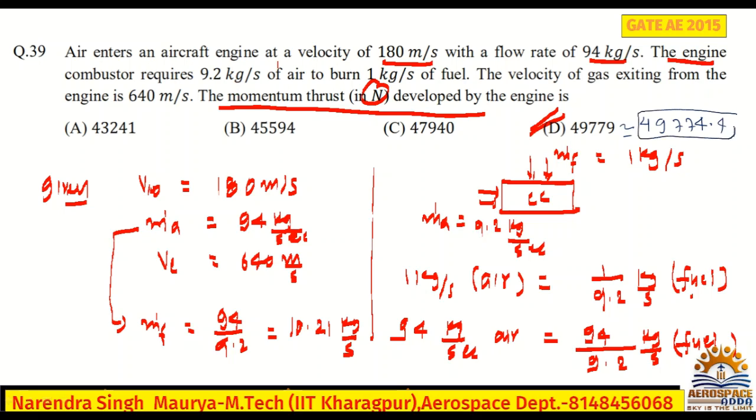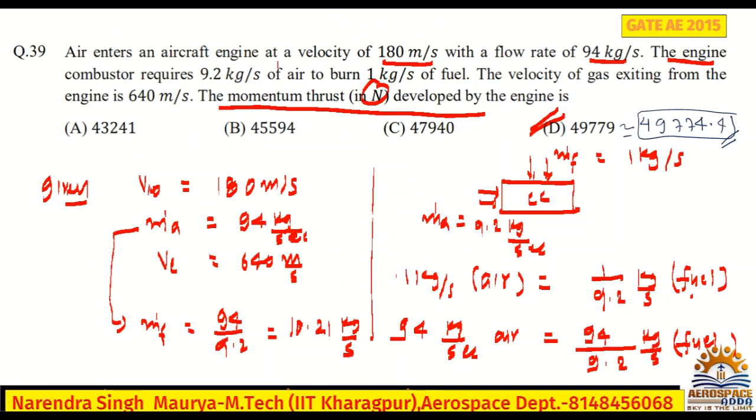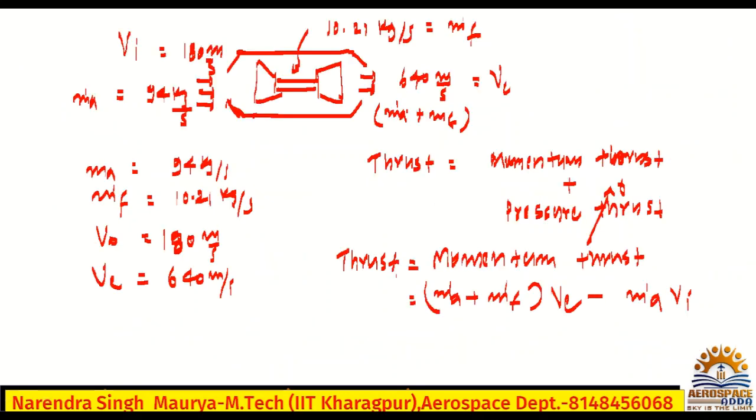It's very close, no? So what is the correct answer? That answer is nothing but option D, 49779. That is the answer.